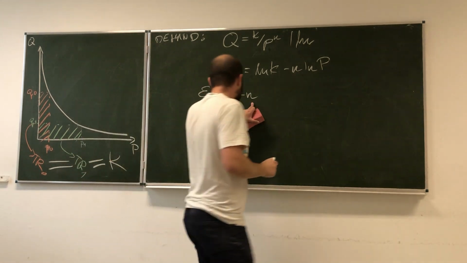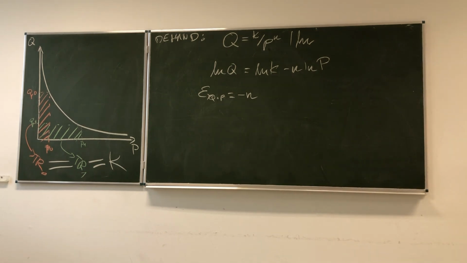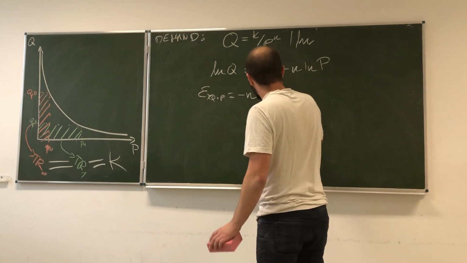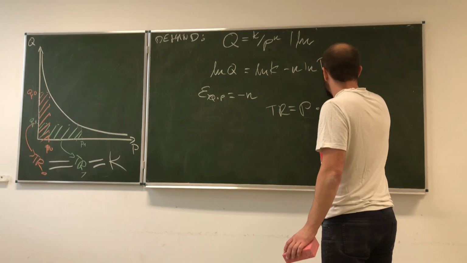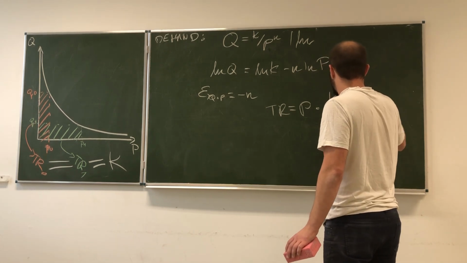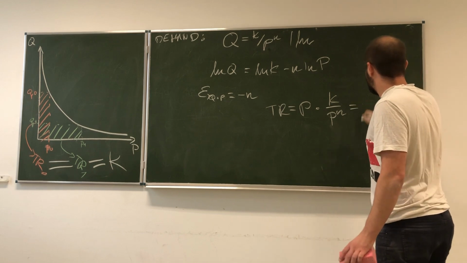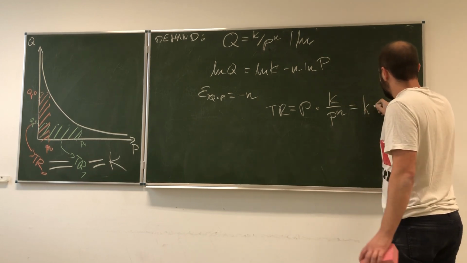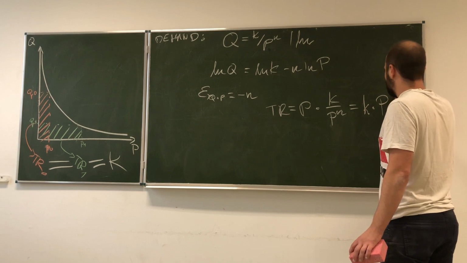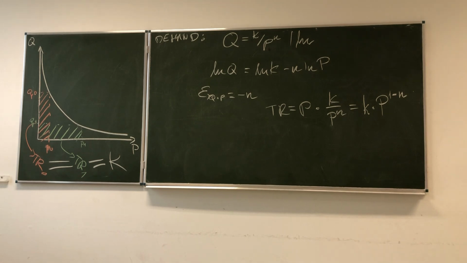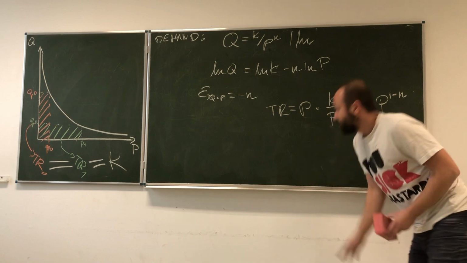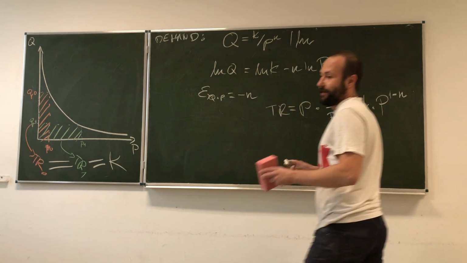Right? So we will also have constant elasticity in this demand function. But look, now if I calculate total revenue, I have price times k over p to the power of n, which gives us k times p to the power 1 minus n. And in this case, total revenue is not always constant, but in this particular case, it is.